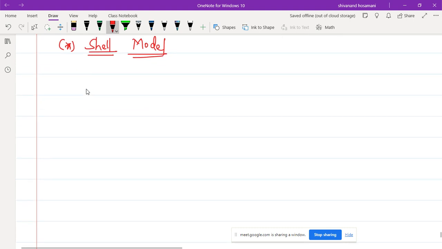This model is based on the following assumptions.